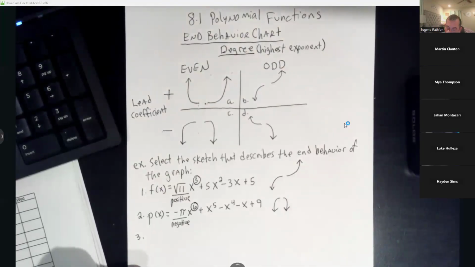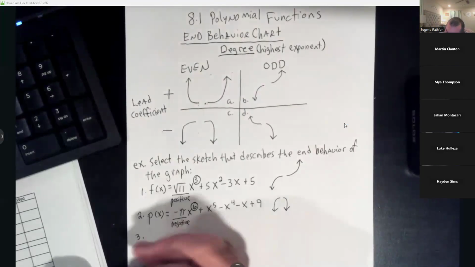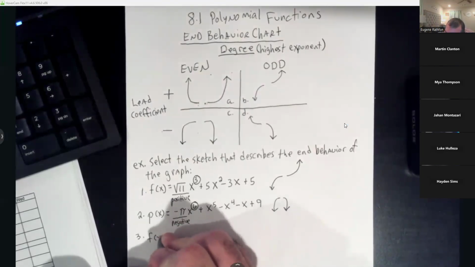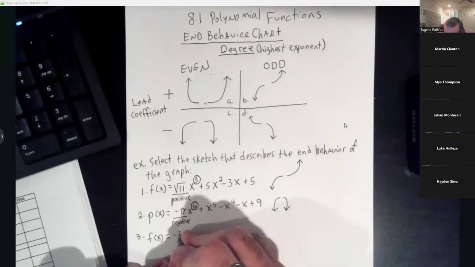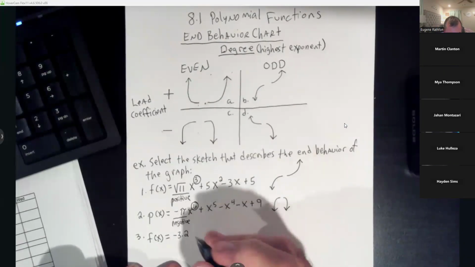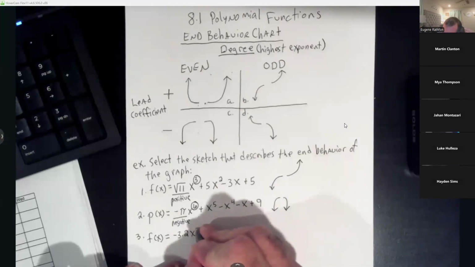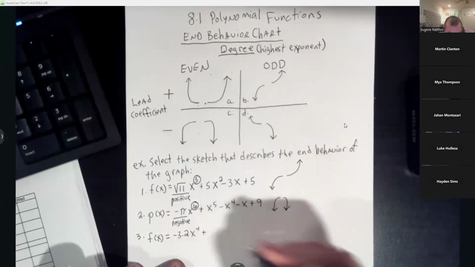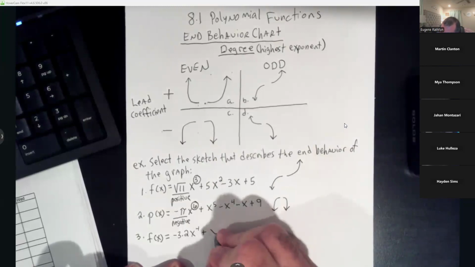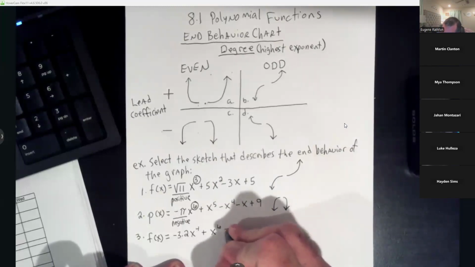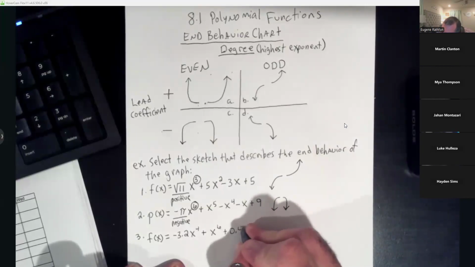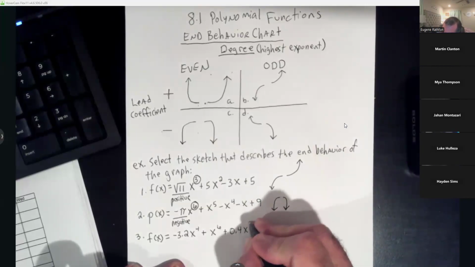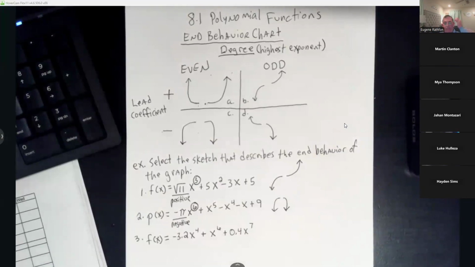All right, so let's see what we do on 3 here. f of x is going to equal negative 3.2 x to the fourth plus x to the sixth plus 0.4 x to the seventh.